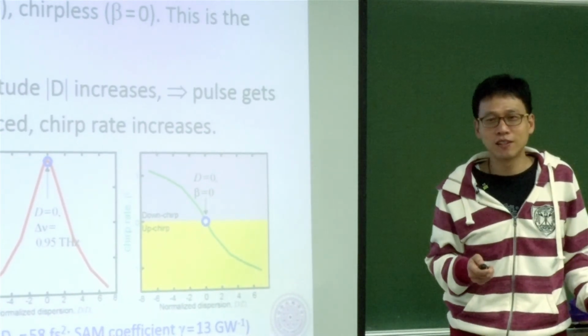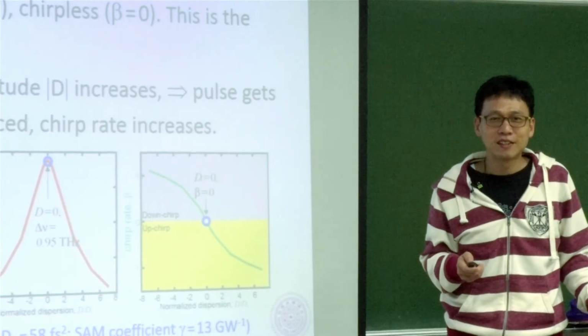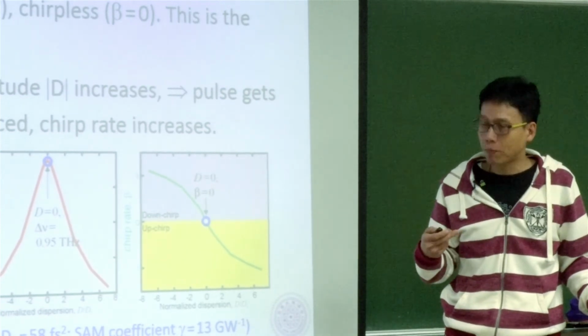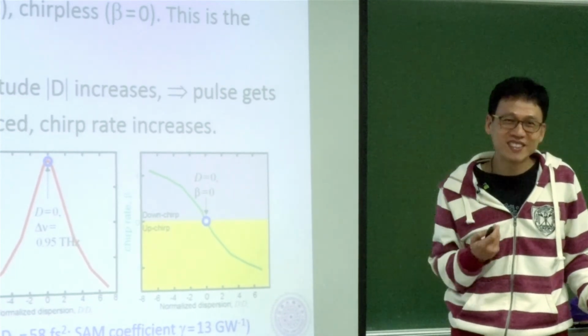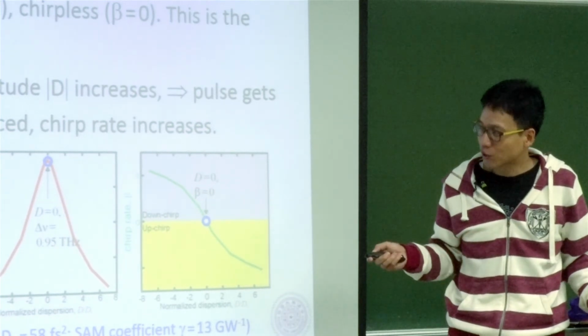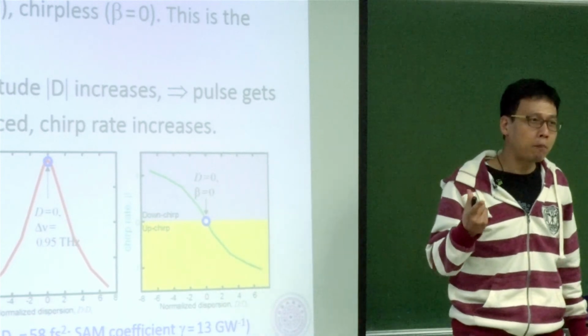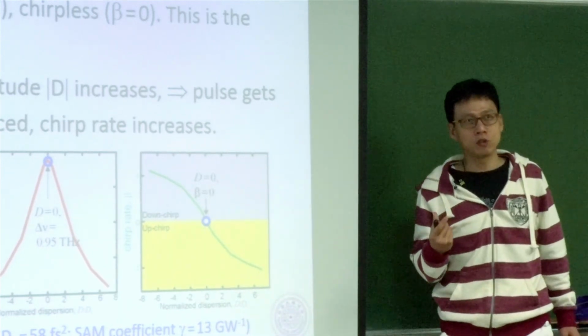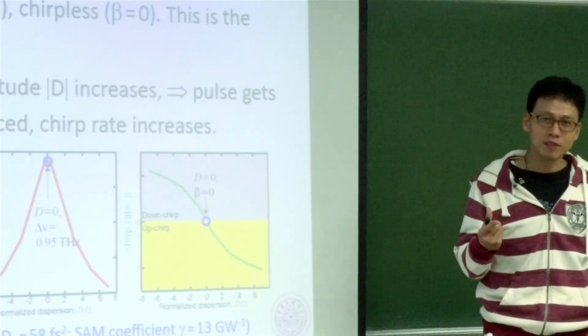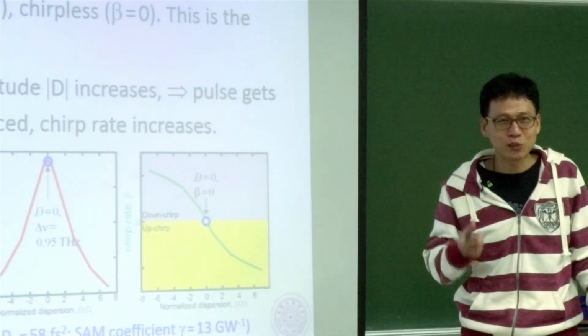So what's the difference? The bandwidth is reduced by about a factor of 5. Okay, so here the pulse duration increases by a factor of 7, but bandwidth is only reduced by a factor of 5. 7 is bigger than 5, so what is the problem?